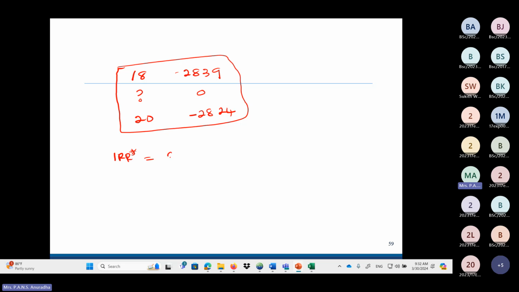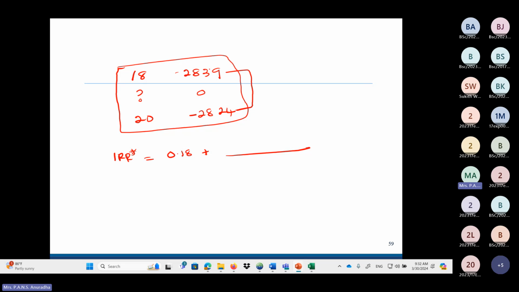IRR is equal to 18% plus. You remember the YTM calculation, the difference between the large value and the small value. So here the largest is 2,839, the lowest is minus 2,824.